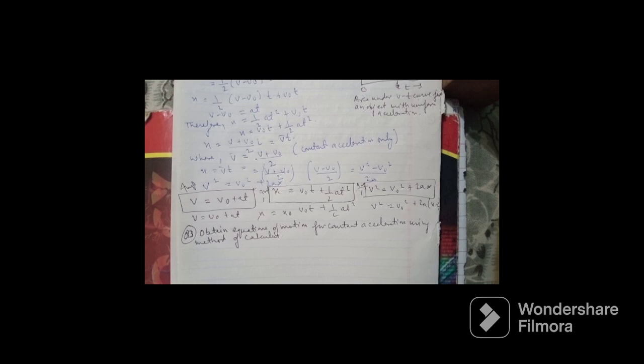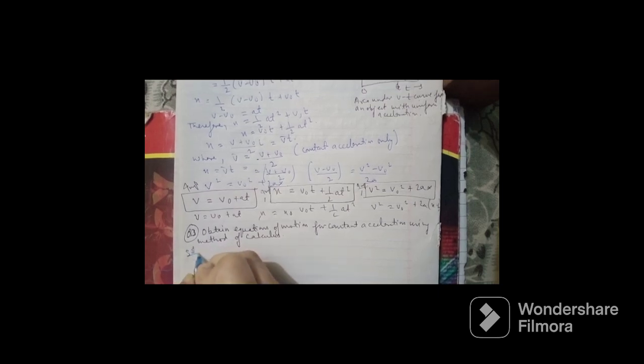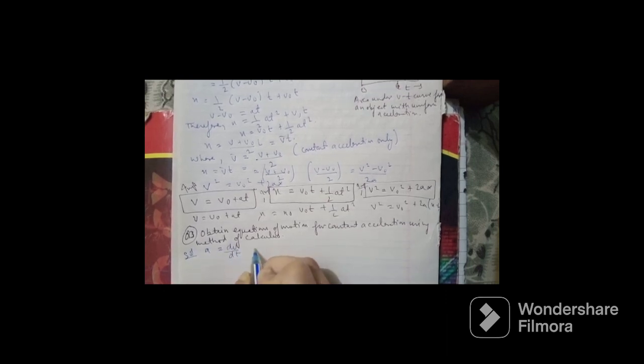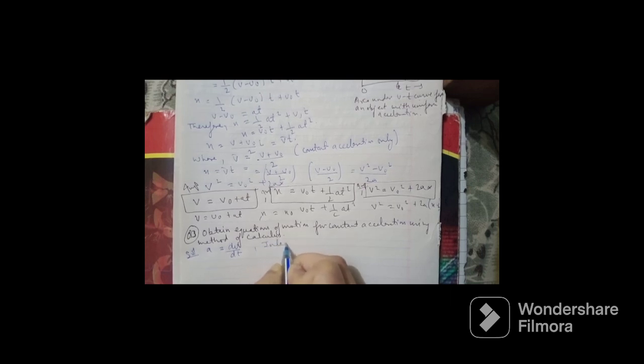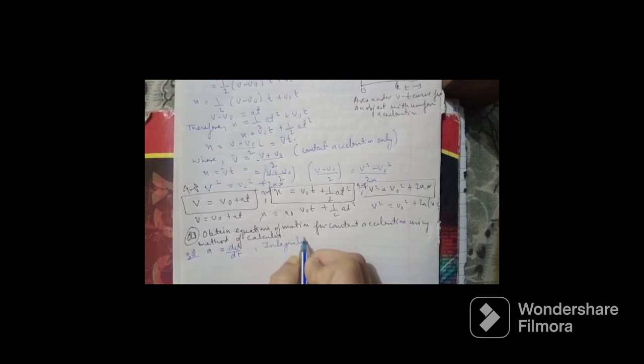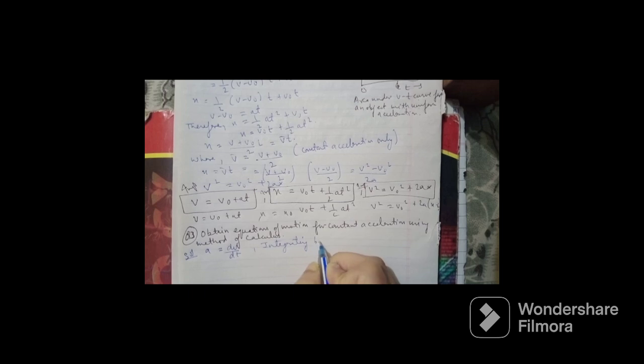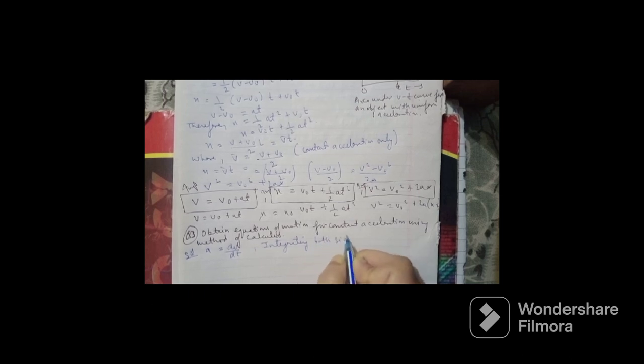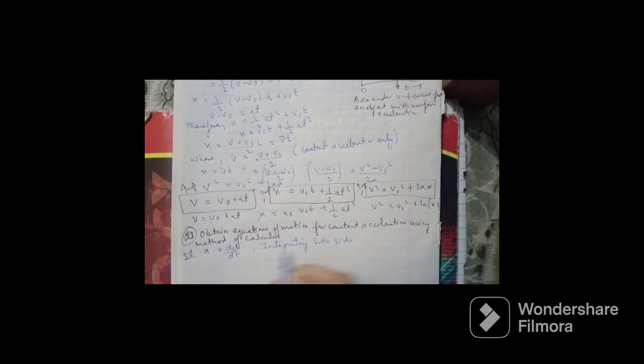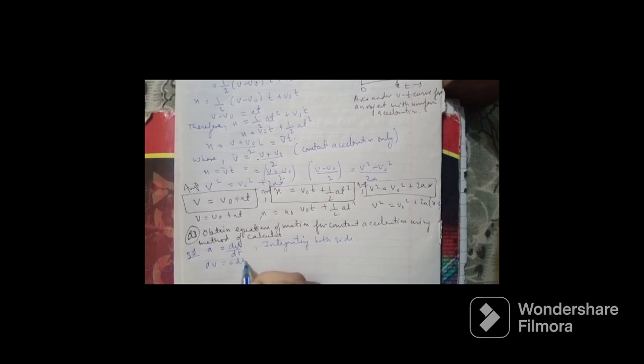By the definition, a equals dv by dt. Integrating both sides, we have dv equals a dt.